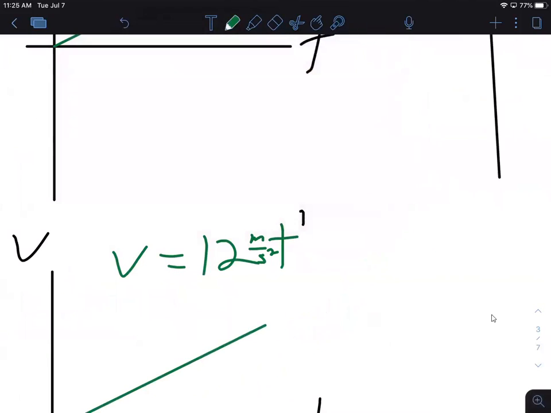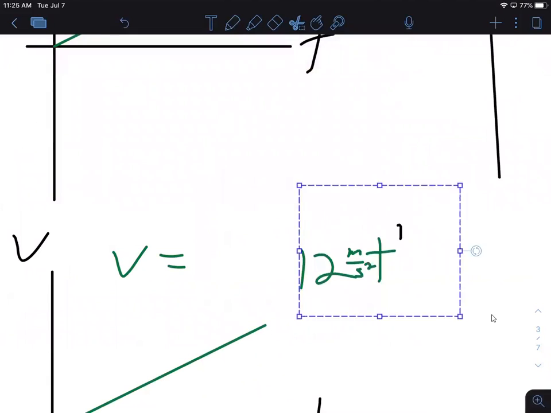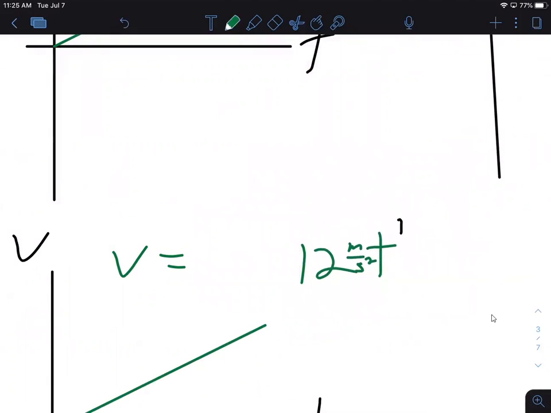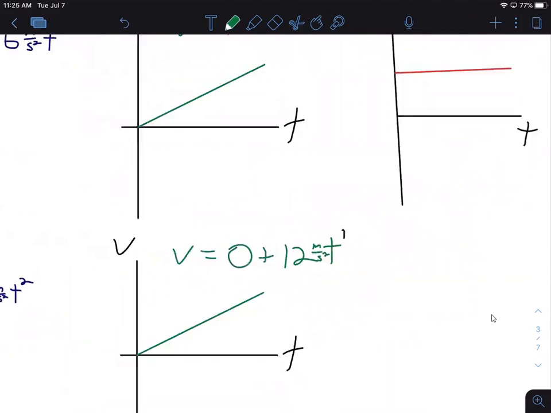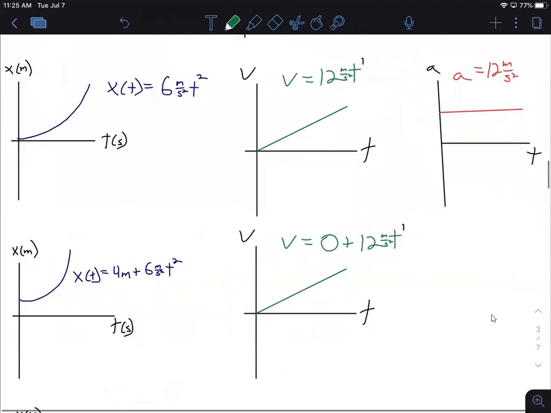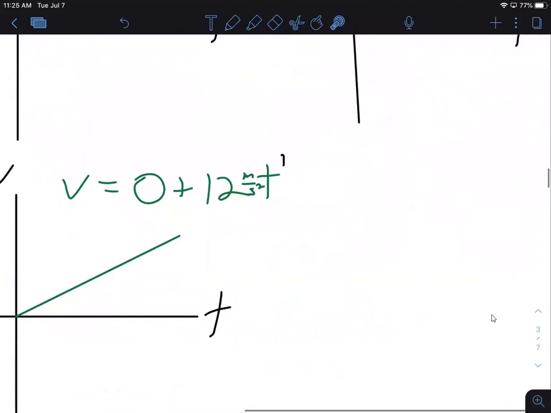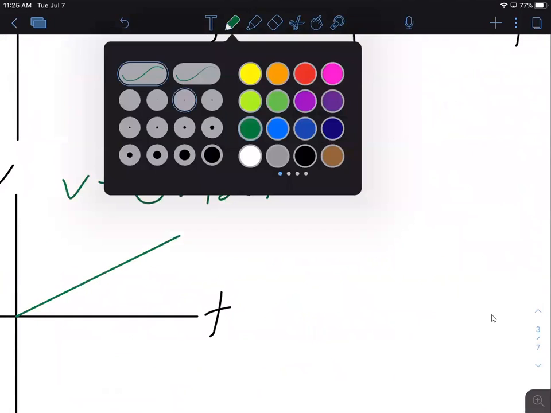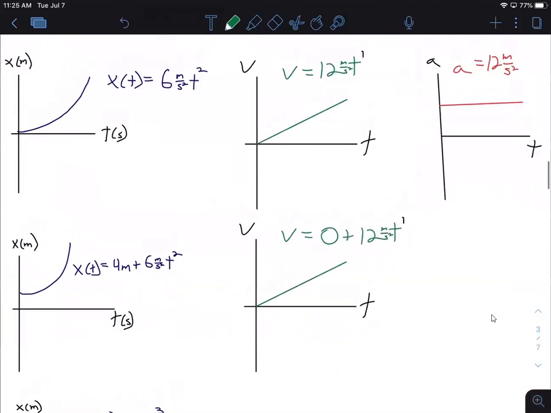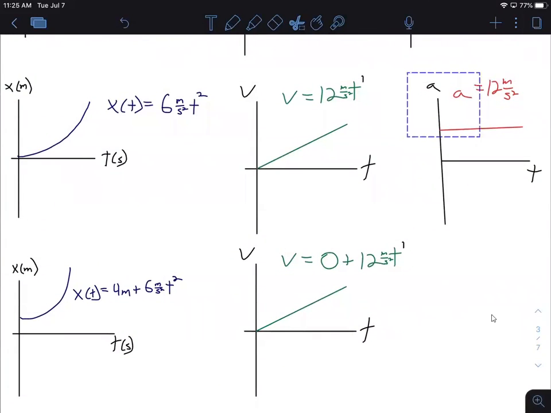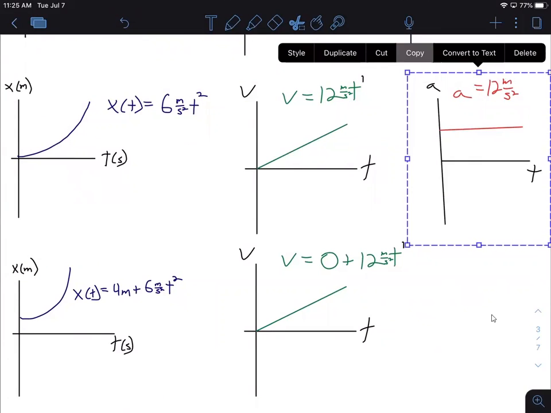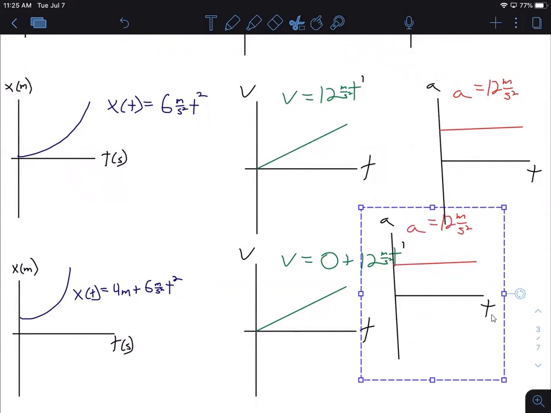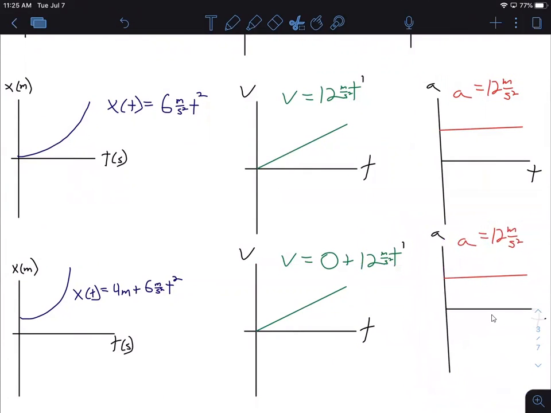Velocity was 0. So here I just have 0 plus the derivative of this guy, which we found was 12. So if it makes you happy, you can say this is 0 plus that, but we can see that both of these objects, because position is arbitrary, starting position, our origin is arbitrary, have the same velocity graphs. And that then makes it quick to say same velocity graphs means we're going to have the same acceleration graphs as well.